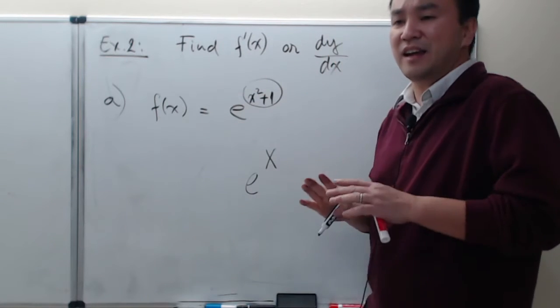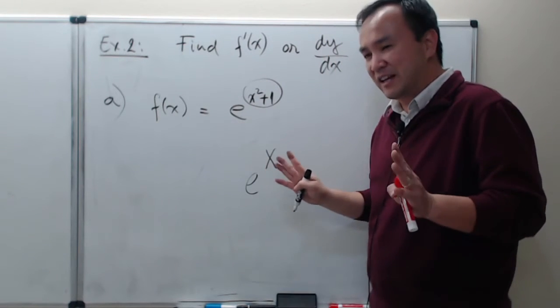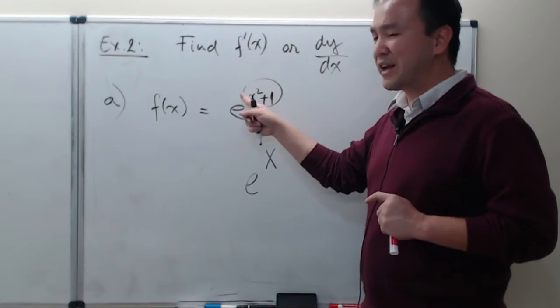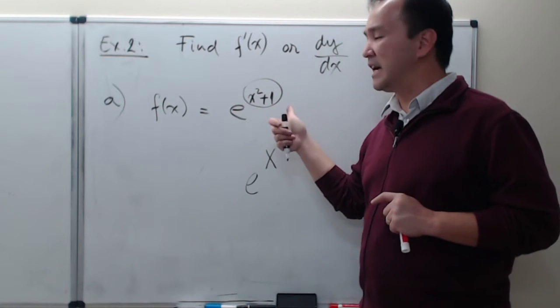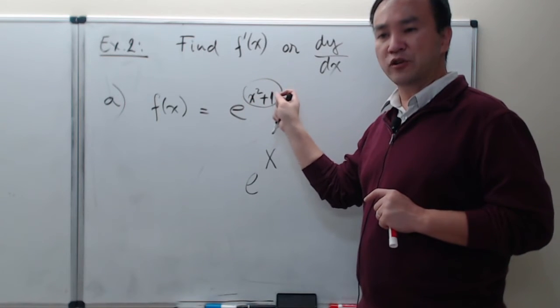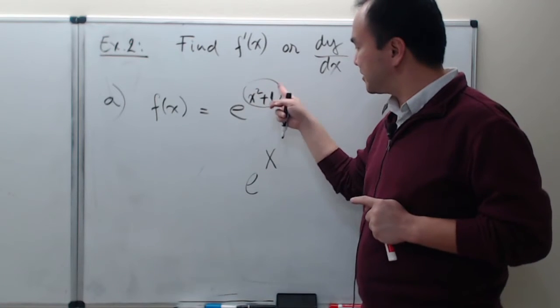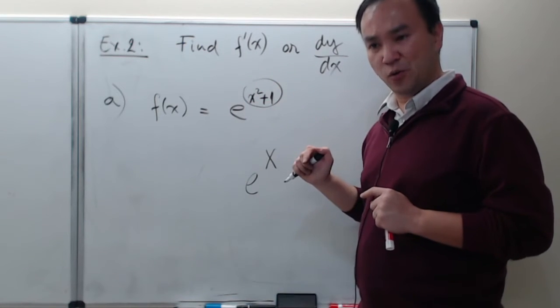Back in the lecture on the chain rule, I said there is no such thing as right or wrong, but what I'm pointing out here is good advice for you to find the best substitution, find the best inside function for your work.